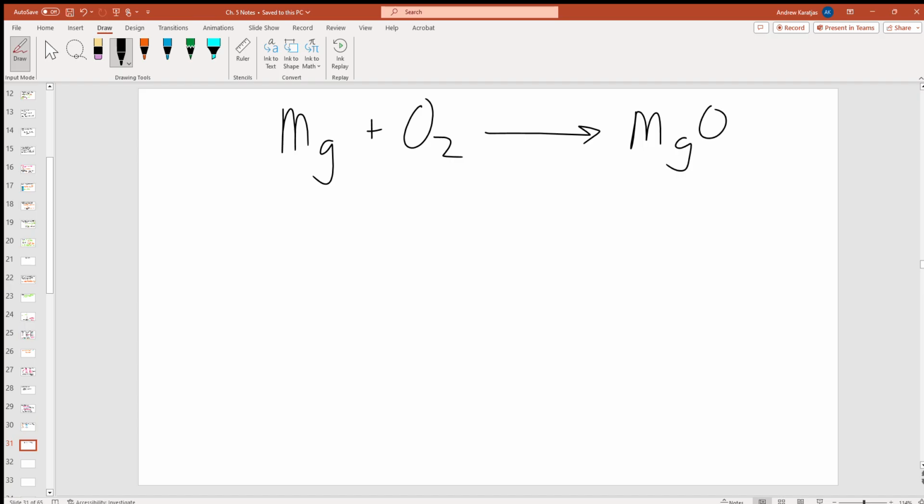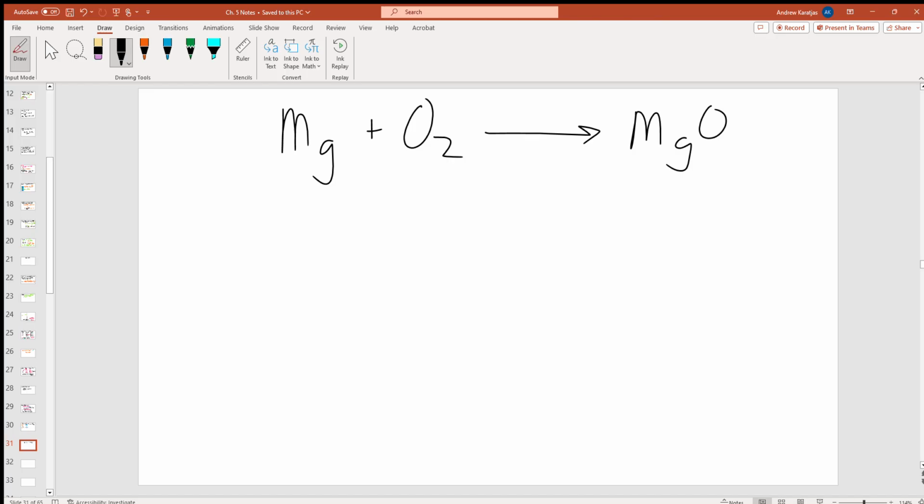This is also an oxidation reduction reaction. It's not as obvious because we don't see any charges present. So how do we know that there's a transfer of electrons?